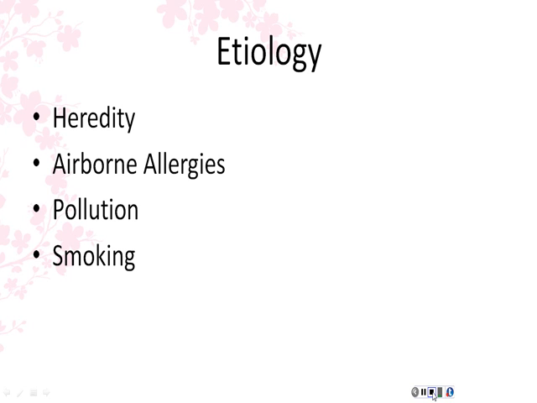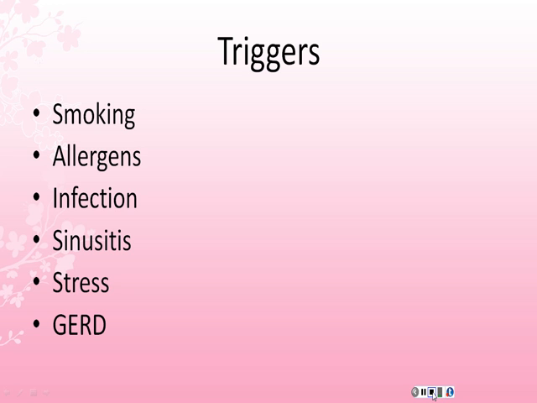So that can happen as well. Some of the triggers are smoking, allergens, infections, sinusitis, stress, and GERD from aspirated stomach acid, which can cause an exacerbation of symptoms. And then also, as discussed before, exercise can be a trigger for some folks.